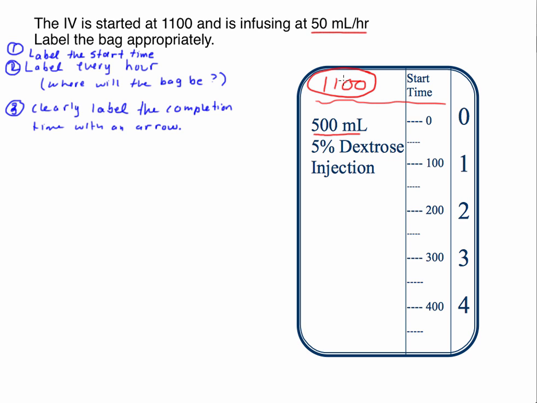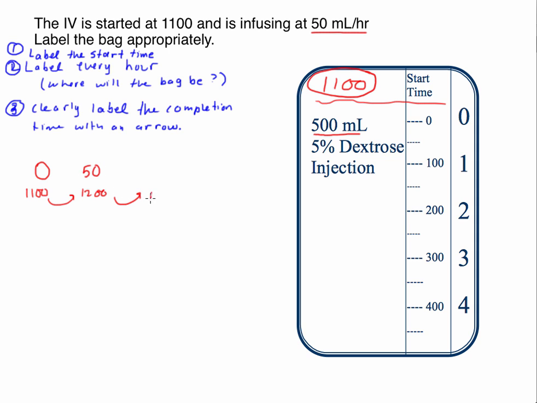So here is 1100. I know I'm going to have to label 1 hour later, which in this case would be 50 milliliters. So at time 0, at 1100, 0 milliliters have infused. At 1200, 1 hour later, 50 milliliters, because that's the rate, has infused.